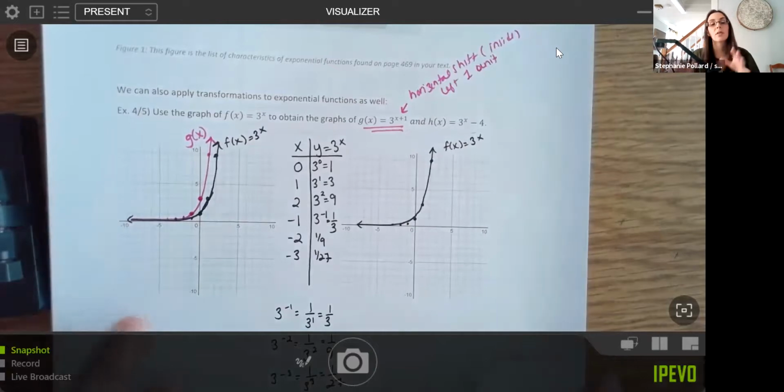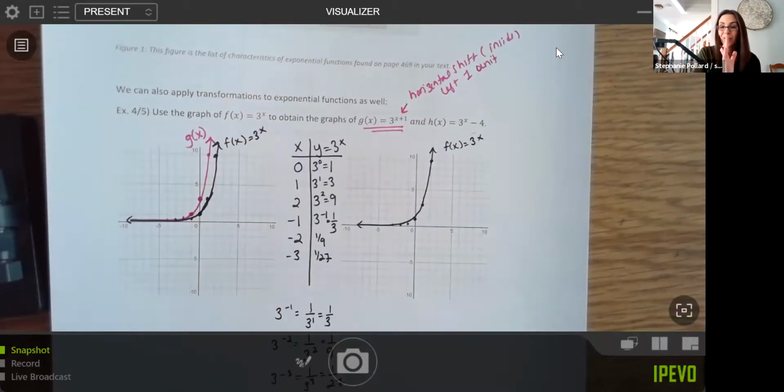In this case, notice that you still have the same horizontal asymptote. We still have the same domain and range. By shifting left, I haven't done too much there, right? I haven't flipped things or rearranged anything too much. So you have that same domain and range in this particular example. But notice that you don't go through 0, 1 anymore, right? That does shift over. So when we talked about those characteristics, they're of the basic form. Once you apply transformations, things could change.